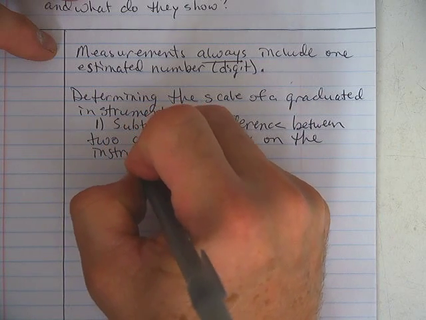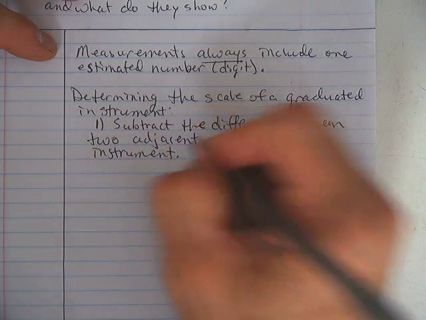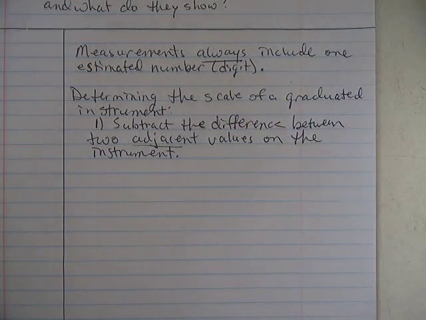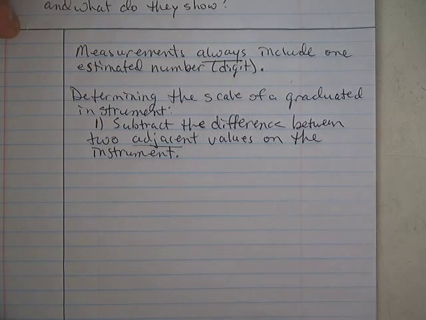This instrument could be a ruler or a graduated cylinder. Adjacent means next to, so it's just two numbers that are written right next to each other. The scale should be the same all the way across the instrument, so it doesn't matter which two you choose. You're going to find that difference by subtracting those values.